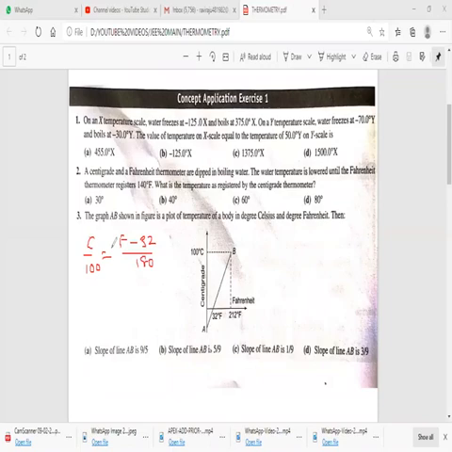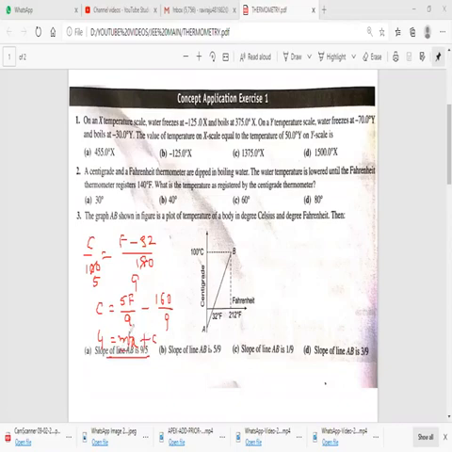If we cancel these, then C will be equal to 5F by 9 minus 160 by 9. So this is just like y equal to mx plus c, but the intercept, of course, is negative here.